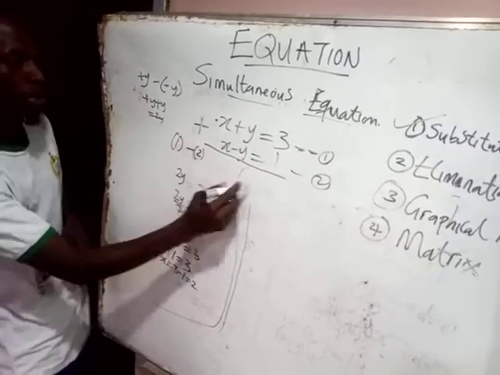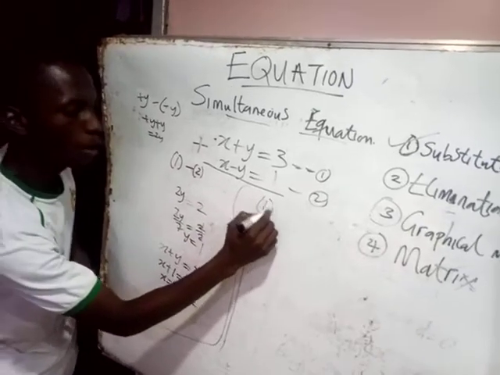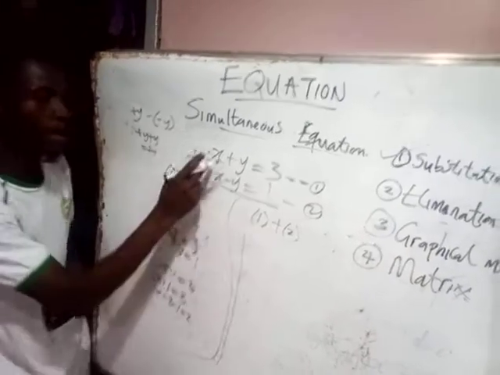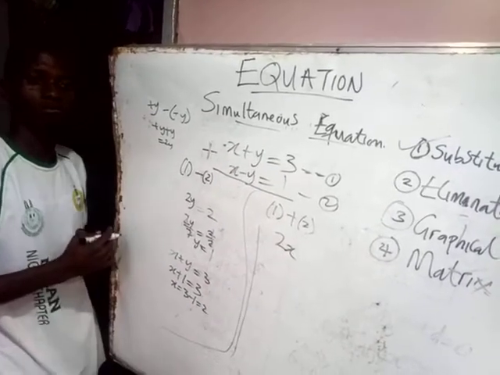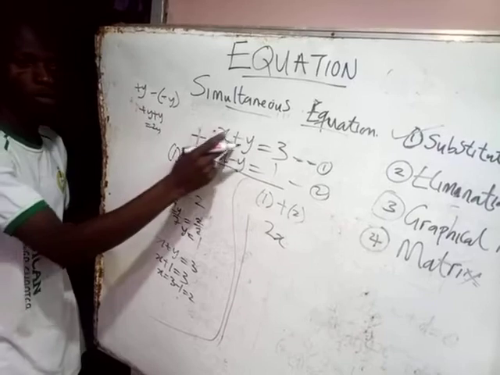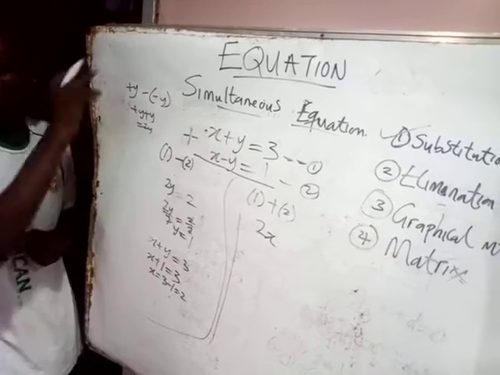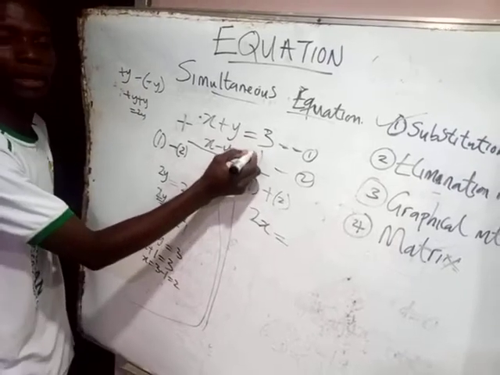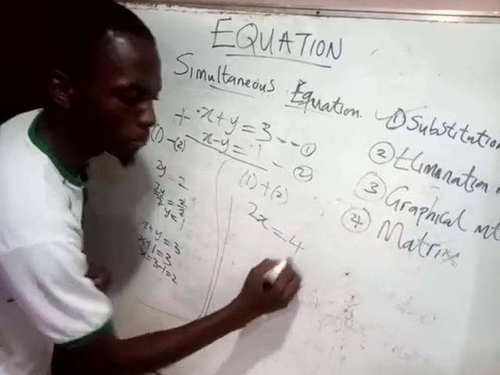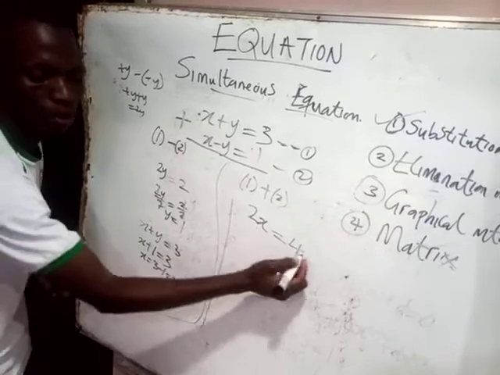So here now, we are saying 1 plus 2. x plus x will give you 2x. Plus y minus y, cancel, 0, equals 3 plus 1, which is 4. Divide both sides by what now?